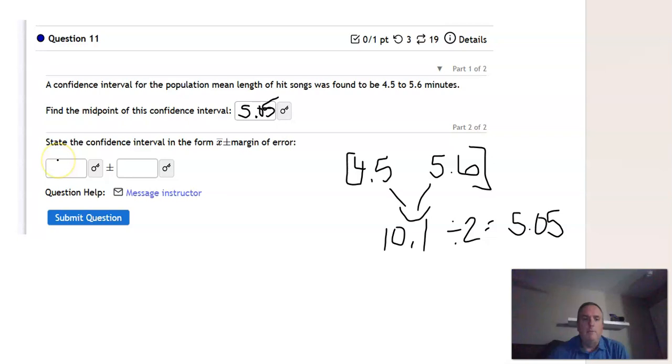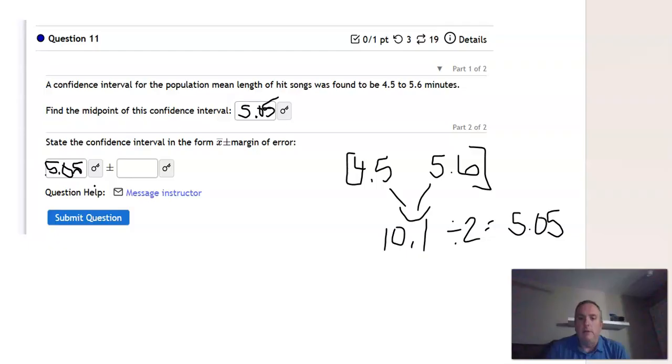And my confidence interval in the form of x bar, which is the sample mean, that's our point estimate, plus or minus the margin of error. So the margin of error is just the distance between that midpoint and one of the two endpoints.